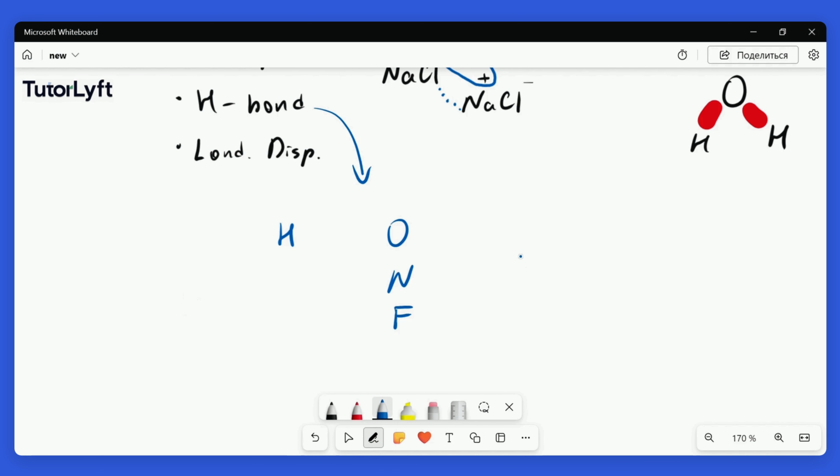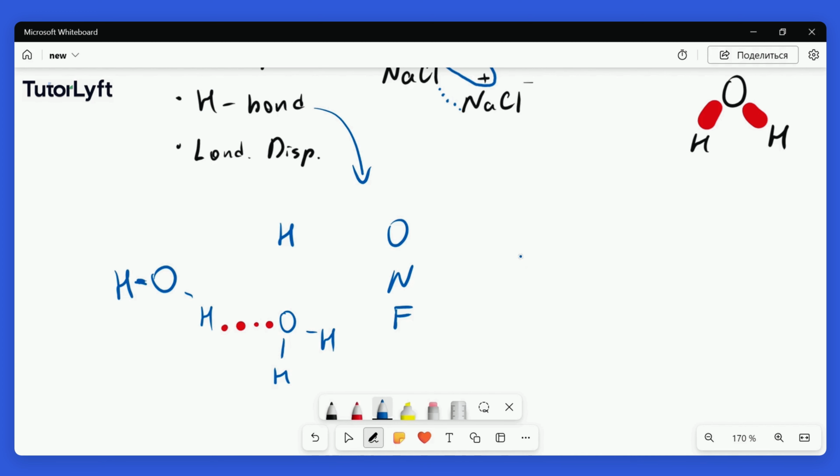Now, how does it work? I'm going to give an example with water. Water has oxygen, hydrogen, and hydrogen. And another molecule of water will also have oxygen, hydrogen, and hydrogen. We know the common formula, right? So this is intramolecular forces, inside the molecule, and then the connection outside the molecule will be a hydrogen bond.